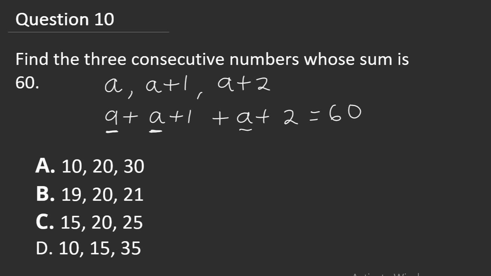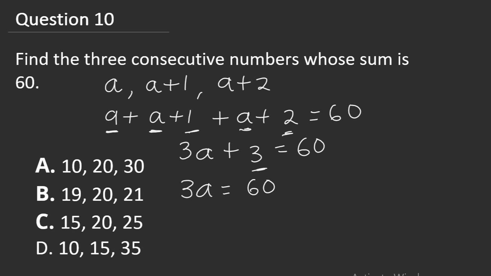Add the letters: A plus A, 2A, plus A, 3A, plus 1 plus 2 is 3, equal to 60. Move plus 3 to the right hand side. As it crosses the equal to sign, it changes to minus 3. So we have 3A equal to 60 minus 3, which will give us 57.